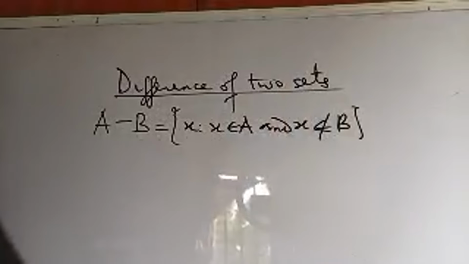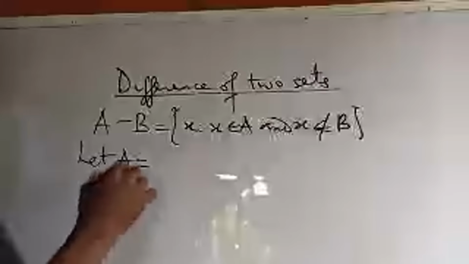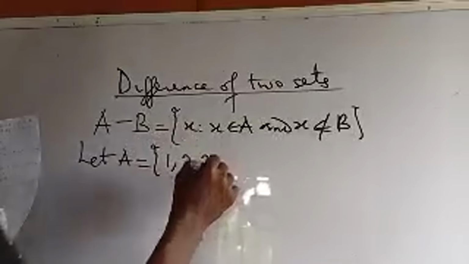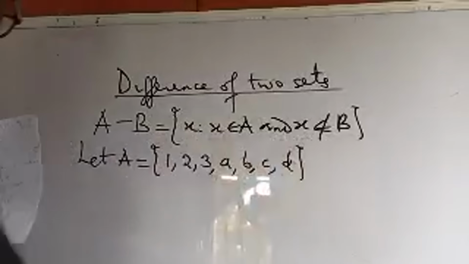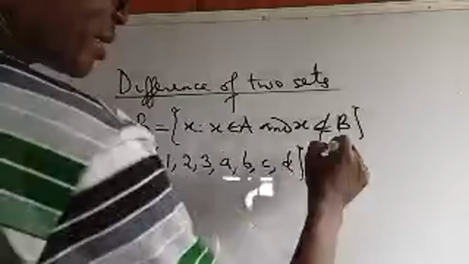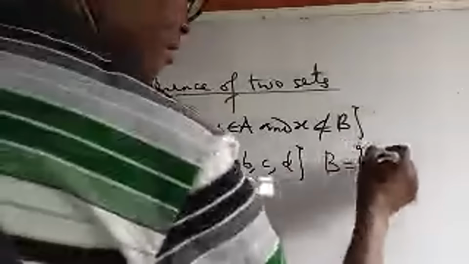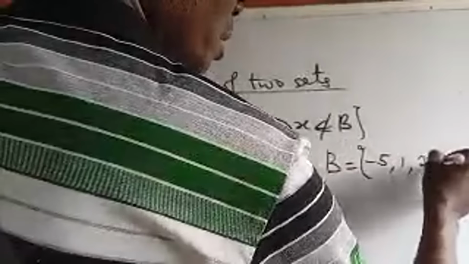Now I will give an example. Let A be the set of 1, 2, 3, a, b, c, d, and let B be the set that has minus 5, 1, 2, a, b, minus 1.